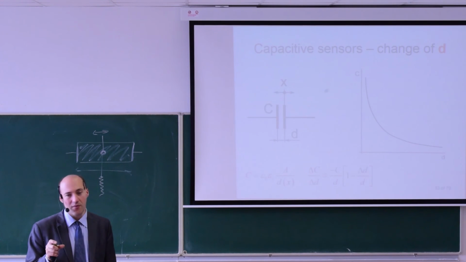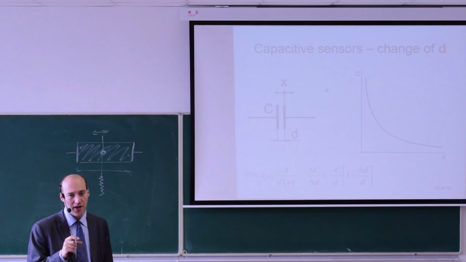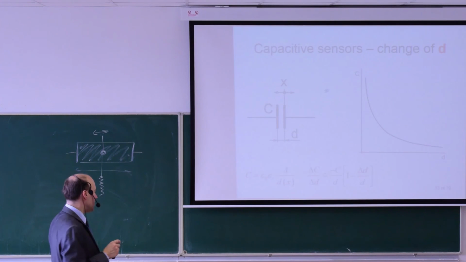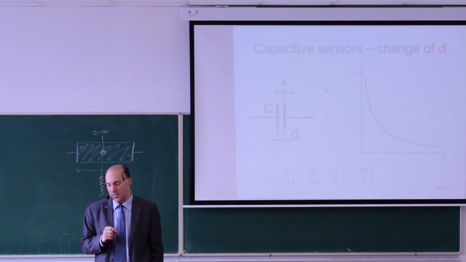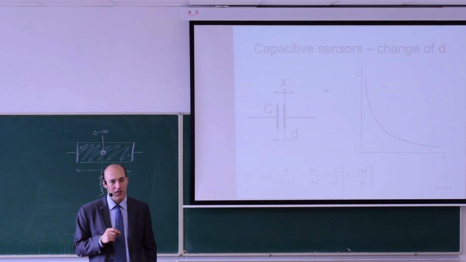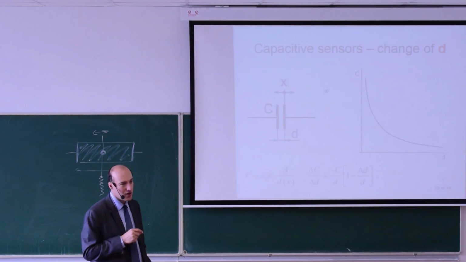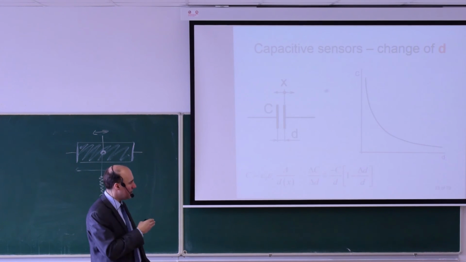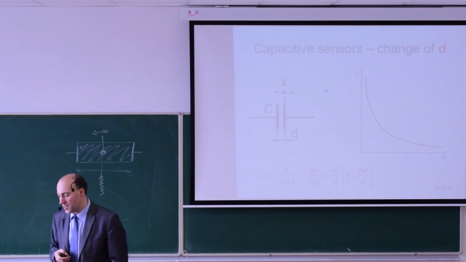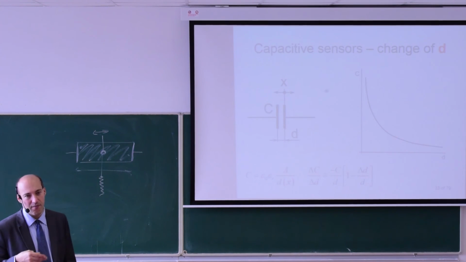Let's say 1 millimeter roughly is the maximum range where they can move. On the other hand, those sensors will be the most accurate sensors for distance. So if you want to measure something within few nanometers, then the capacitive sensor based on this will be definitely the best one.